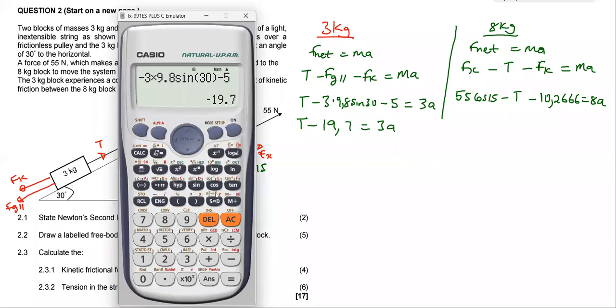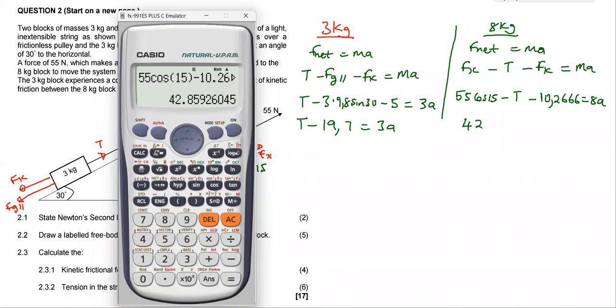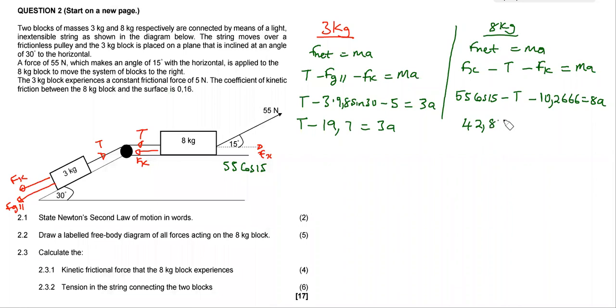Let's see, 55 cos 15 minus 10.2666. So let's just put it like this. It's going to be 42.859 minus T is going to be equal to 8A.